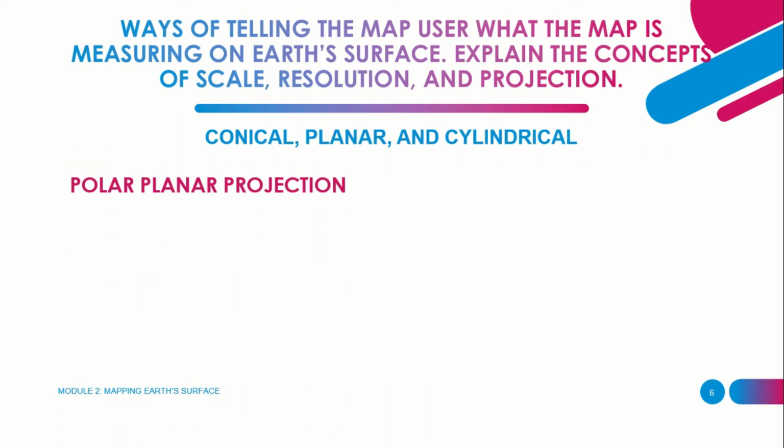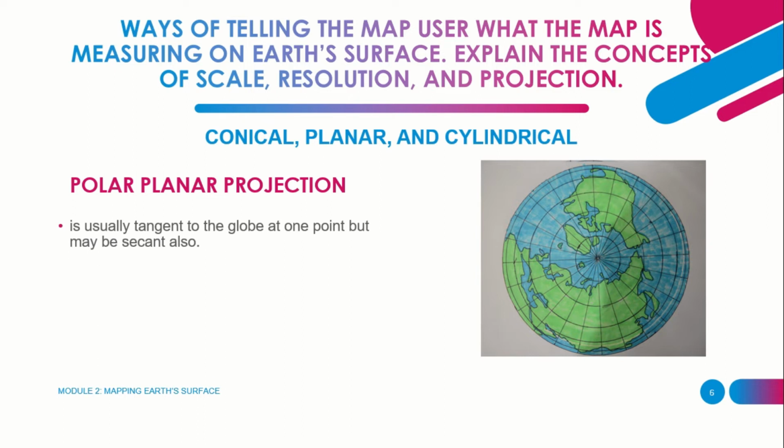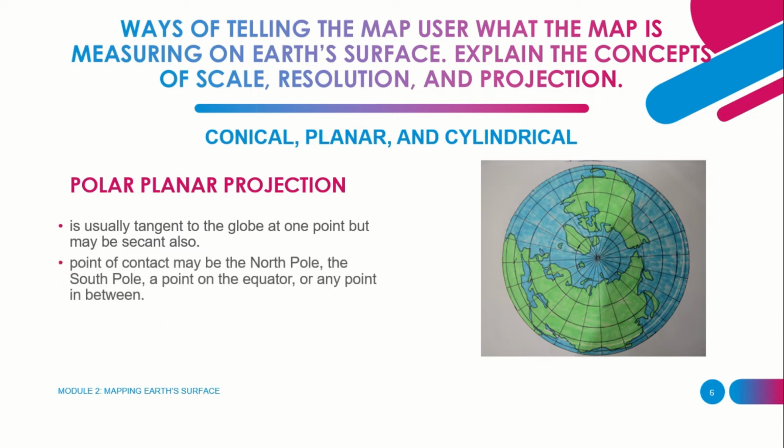Last is the polar planar projection. This type of projection is usually tangent to the globe at one point, but may be secant also. The point of contact may be the North Pole, the South Pole, a point on the equator, or any point in between.